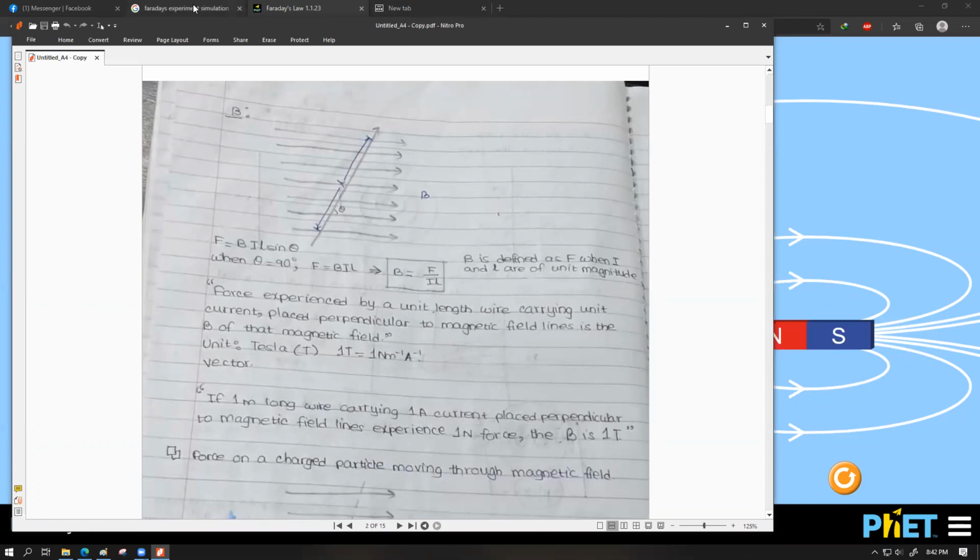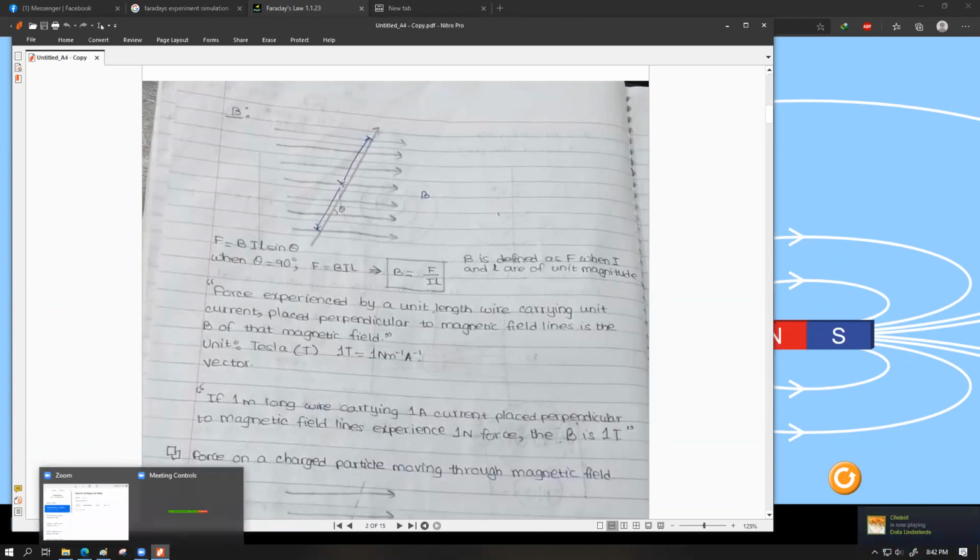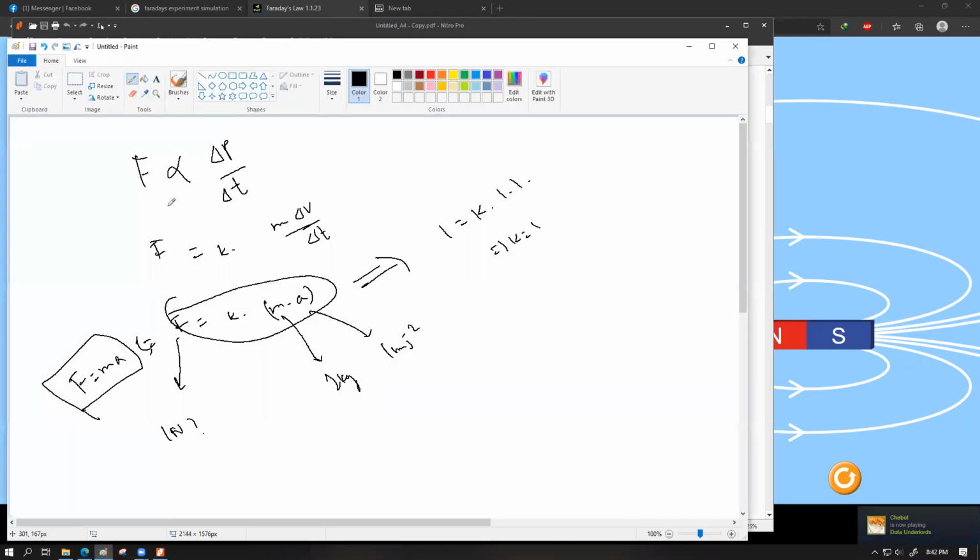Yes, we did learn F equals to rate of change of momentum but that was not the law. Newton's second law, as Isaac Newton defined it in his book Principia Mathematica, he said that this is proportional. I mean, actually, he did not say this. He actually said the other way around. He said this one: rate of change of momentum is directly proportional to force. I actually wrote it wrong.